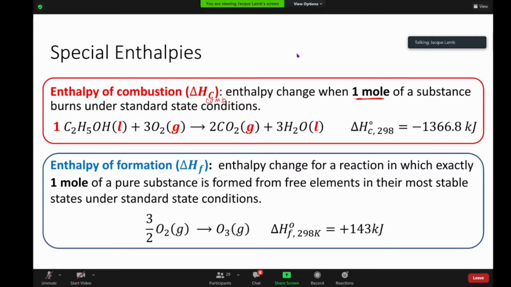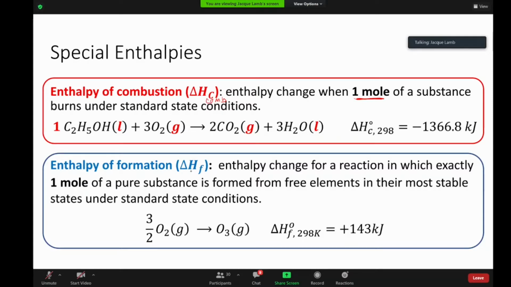The second is the delta H of formation. Delta H sub F means the delta H of formation. And this is the enthalpy change for a reaction in which exactly 1 mole of a substance is formed. It's a pure substance formed from free elements in their most stable standard states.